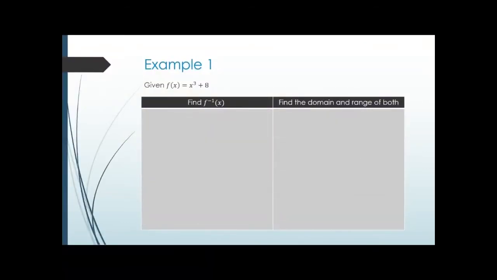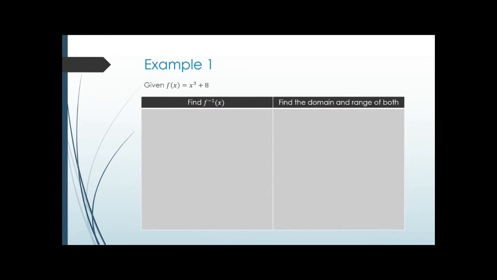So I've got a few examples here. This first one, example 1, we have a cubic. I said that a cubic does have an inverse. Most cubic functions will pass the horizontal line test.